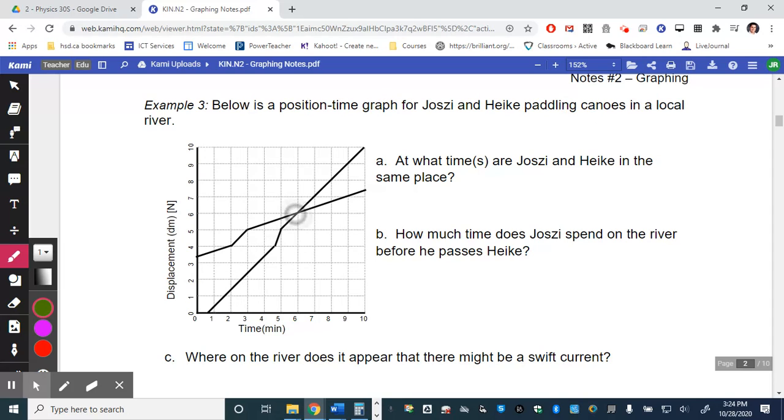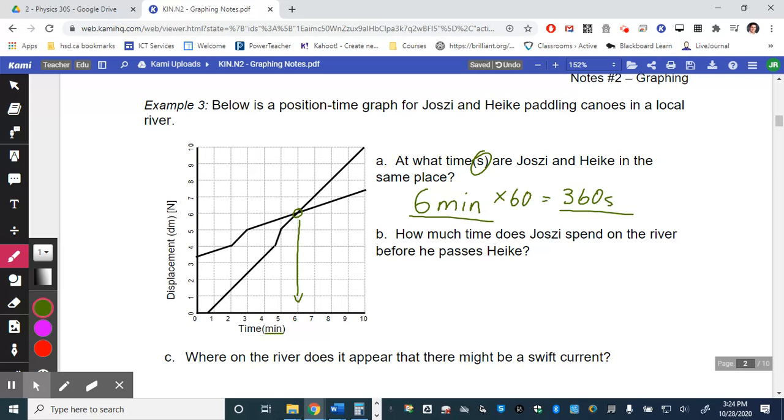When were they at the same place? Right here, and that is at time 6 minutes. So you cannot just decide it's seconds because you like that. Oh, but it says seconds. Come on. How do we get from minutes to seconds? We multiply by 60. So it's at 360 seconds.